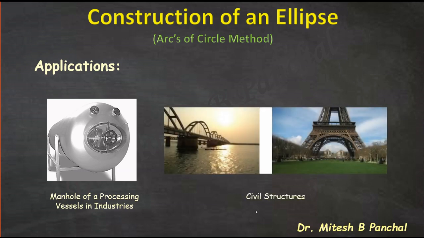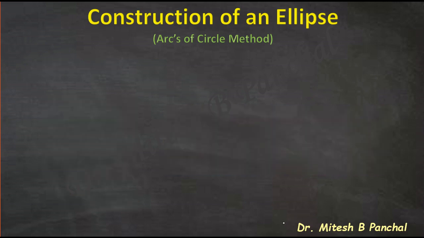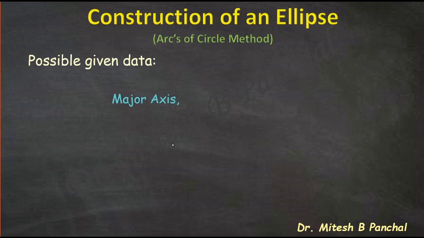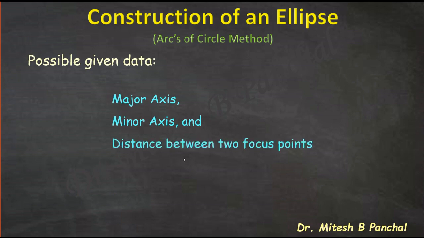Similarly, in civil structures also we can find elliptical shapes. Now, the possible given data for the arcs of circle method are the major axis, minor axis and distance between the two focus points. Now we will see how this given data will be helpful for the construction of an ellipse.